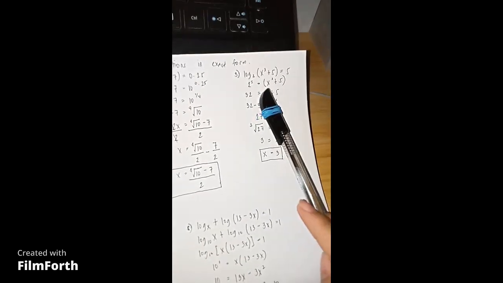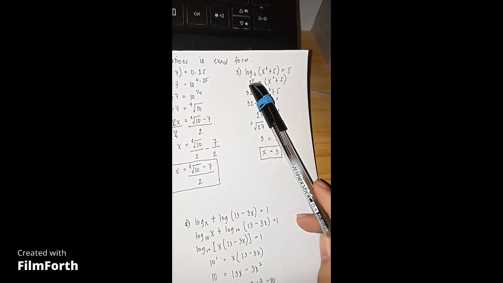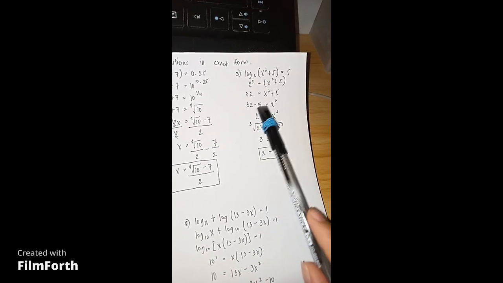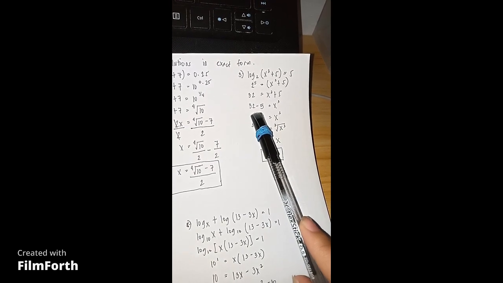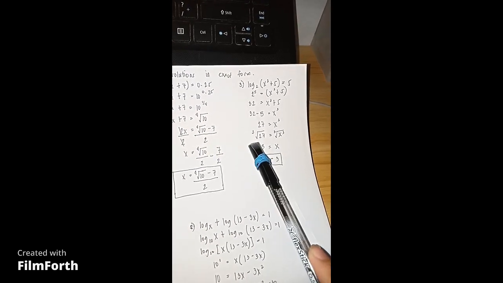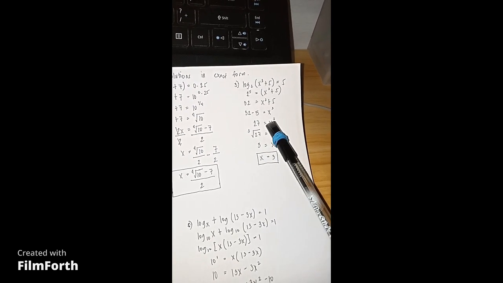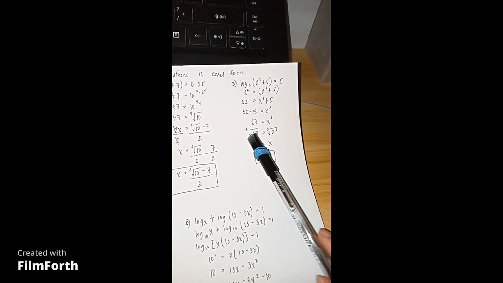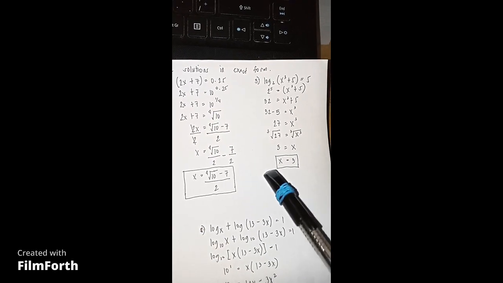So 2 times the square raised to 5 is 32, and then copy 32, then the positive 5 transposed to the right will be negative. So 32 minus 5 is 27 equals x cubed. So copy the 27 and the x cubed, and we put the cube root on both sides, and the final answer is x equals 3.